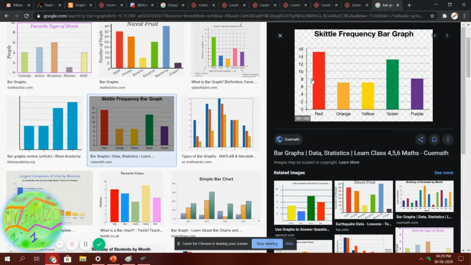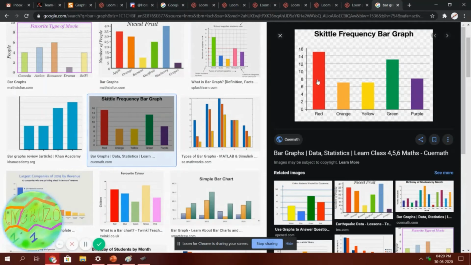You can see the number of candies, Skittles, over here, and then the colors of each candy. Red is the majority because there are 15 red candies in that bag, and then there are 7 orange, 7 yellow, 13 green, and 8 purple.